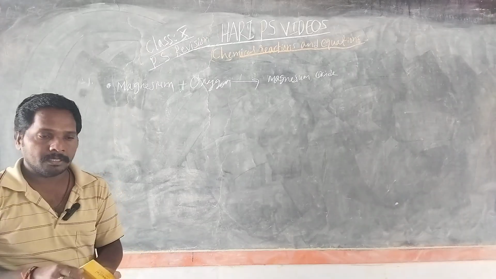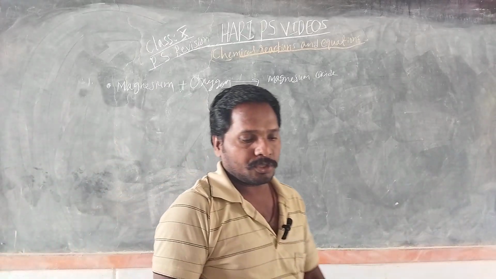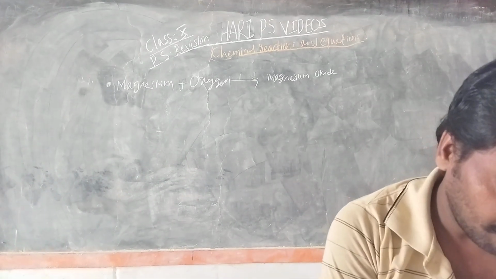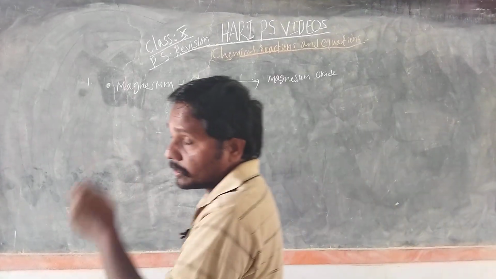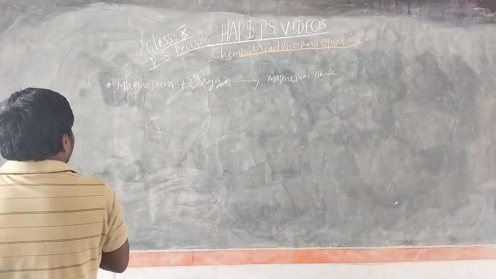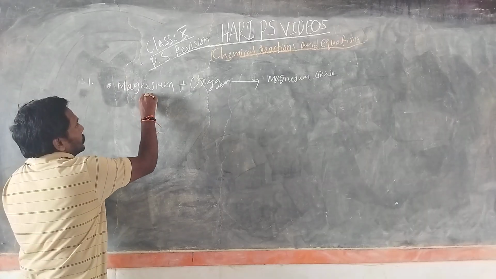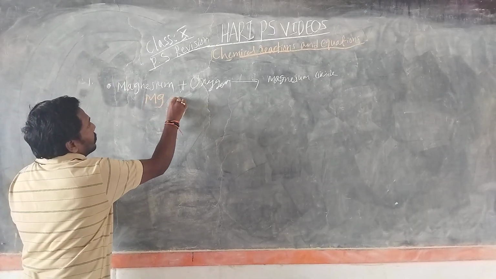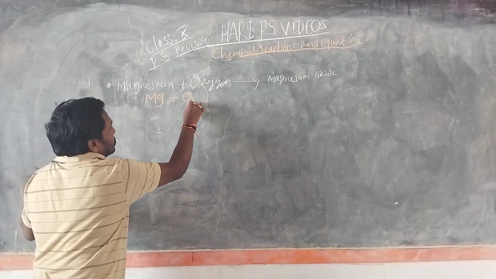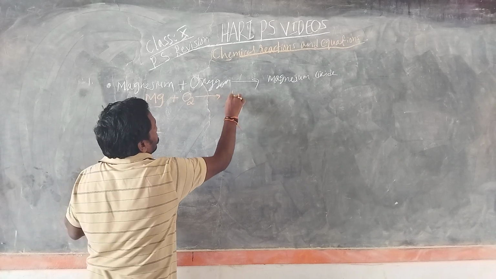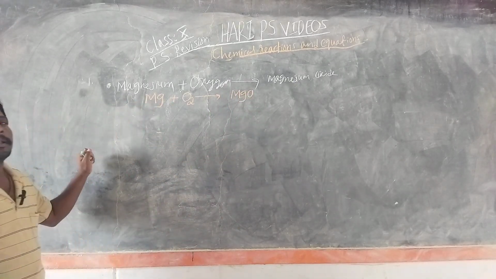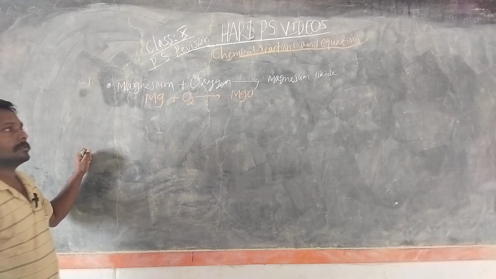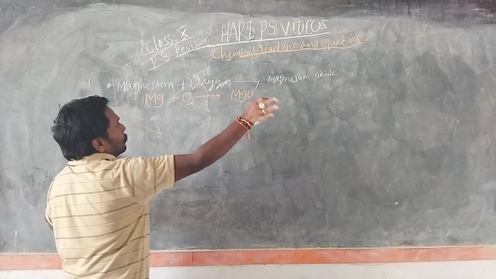The question is, rewrite this reaction in the form of an equation. So let us write: magnesium plus oxygen gives rise to magnesium oxide. Let us check, is it a balanced chemical equation or not. Magnesium okay.